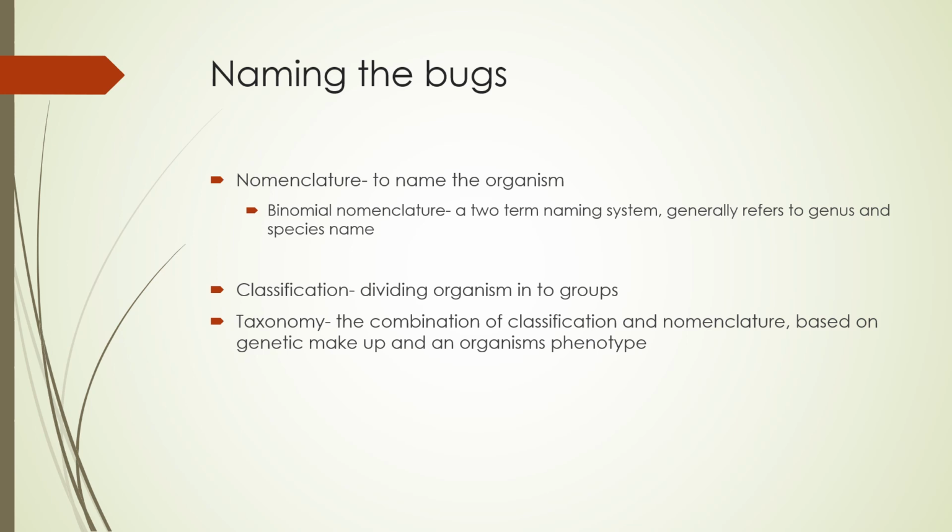We would say it's Escherichia coli, and that you can see there that refers to the genus and species name. Classification is dividing the organisms into groups, and taxonomy is the combination of classification and nomenclature based on genetic makeup and an organism's phenotype. An organism's phenotype is an outward expression of something.